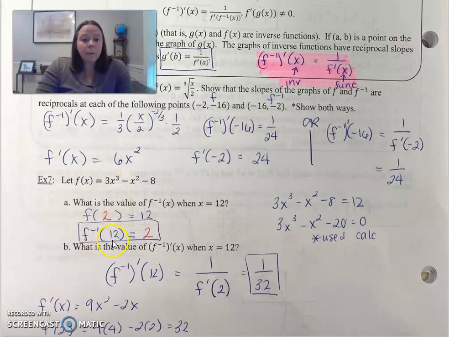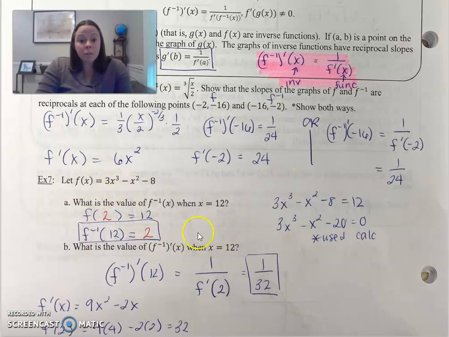So we said, all right, if this is the x value of the inverse, it must be the y value of your function. So now I can set the original function equal to 12, and that's doable. We used our calculator to solve, and we got x equals 2. And if that's x equals 2, that must be the y value of your inverse. So we had to be a little bit clever there because we couldn't find the inverse. And we have to do the same thing for the derivative.